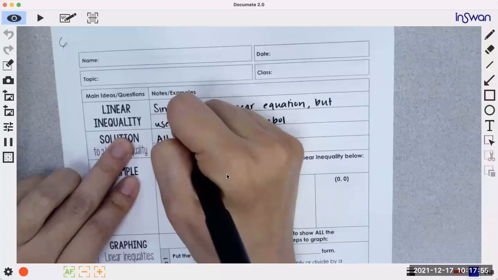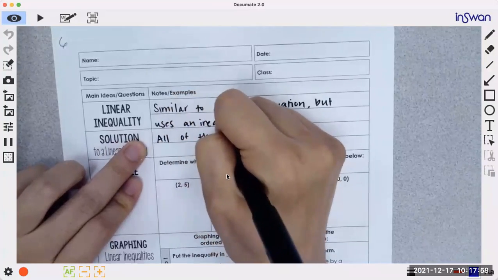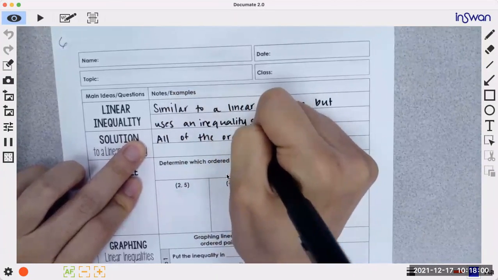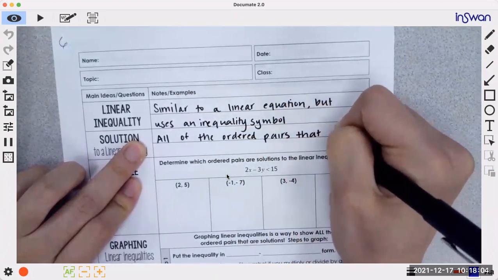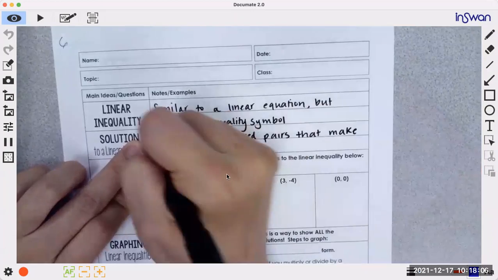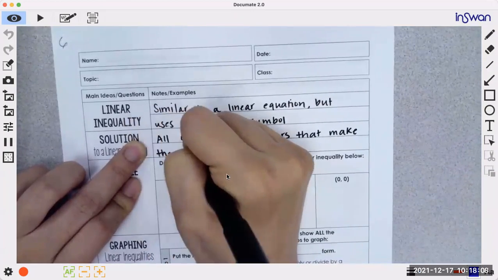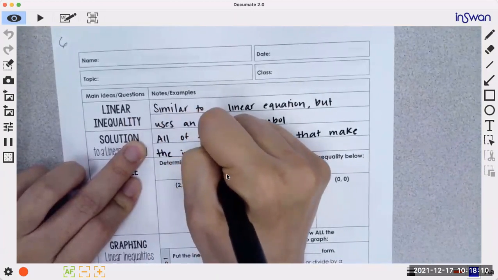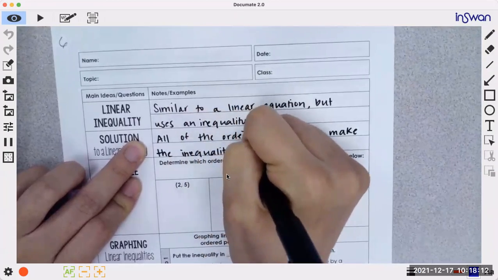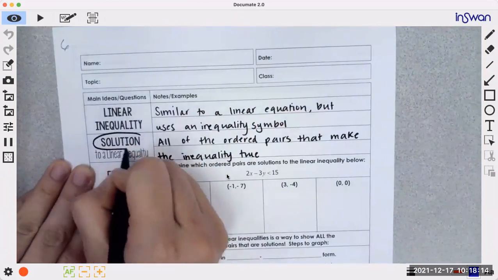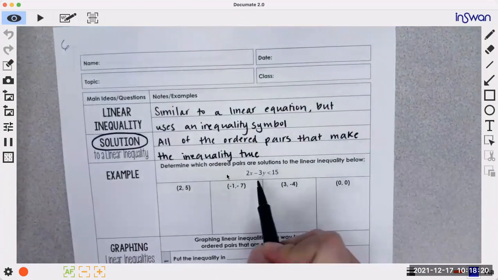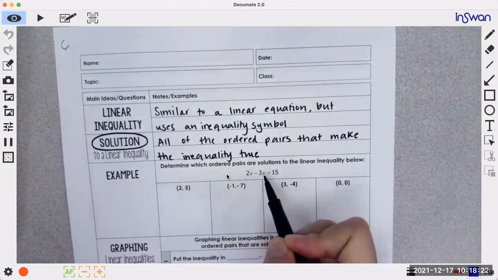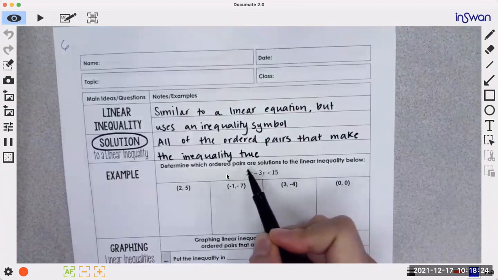All of the ordered pairs that can make the inequality true is considered a solution to that linear inequality. So you could have many, many answers as long as when you plug in your X and you plug in your Y, it makes this inequality true.